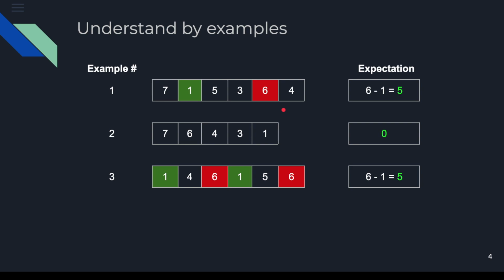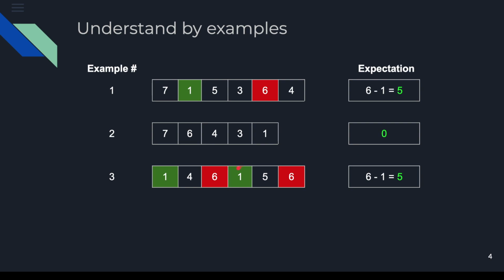That is the solution. And again, in the second example, we have been given an array that is decreasing. So any price is lower than the prices that has been coming earlier in the array. So that means we cannot achieve any profit, and that's why the solution will be 0.